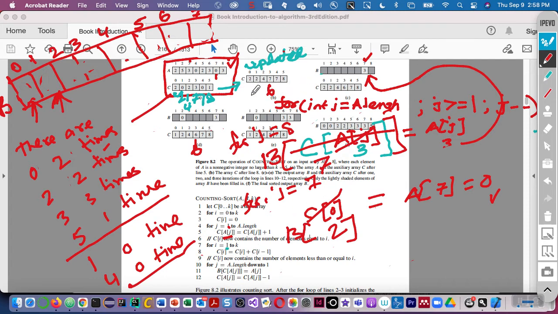Let us do it manually. The third one will come with 6, 3, right? A[J] equal to 3. Then we will go to position 3. What is this value? 6, not 7 here, right? 6. Then it will be changed over here. So it is this one, 0. Then 2 changes to 1. You see that?